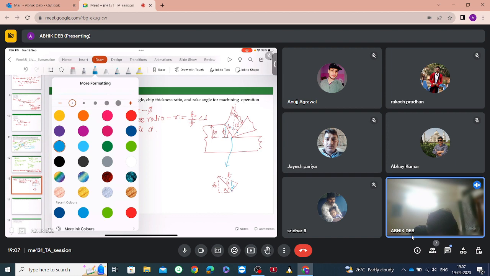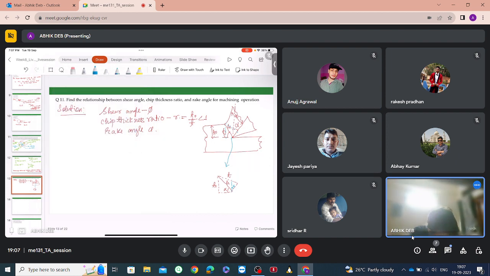So this is the right angle. If this angle is alpha, what is this angle? What is the sum of the three angles in a triangle? 180 degrees.